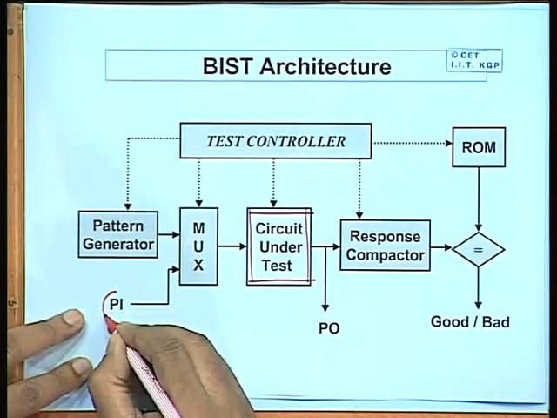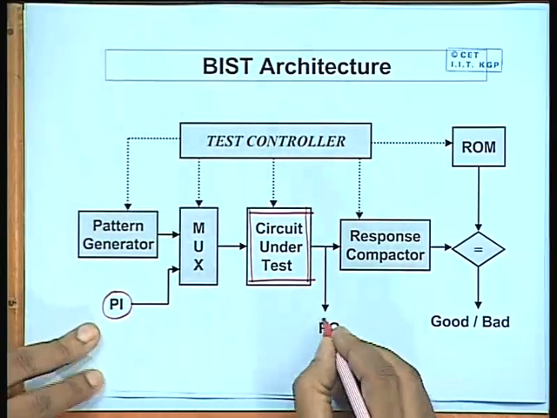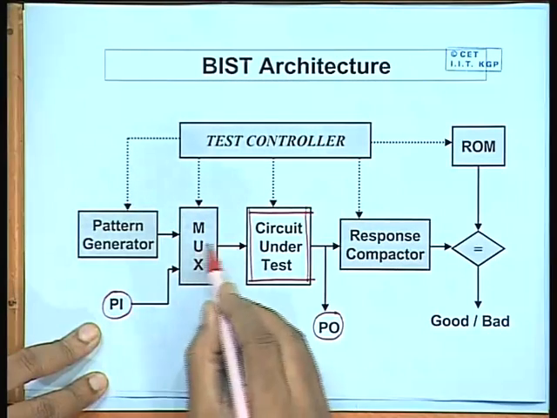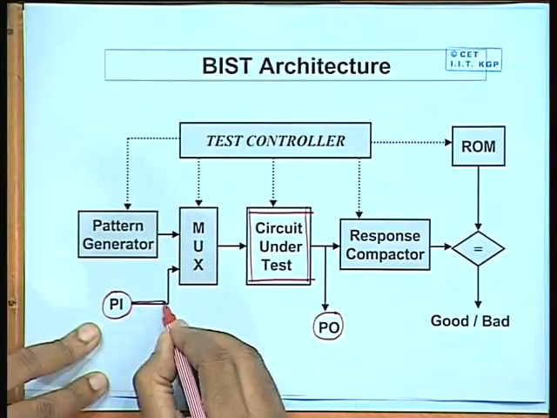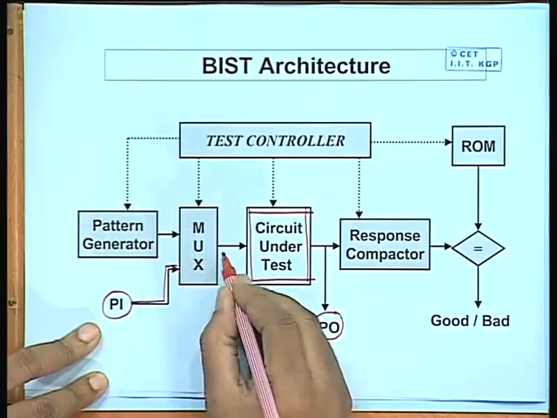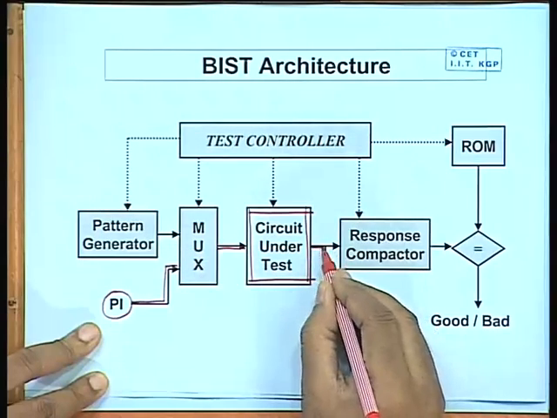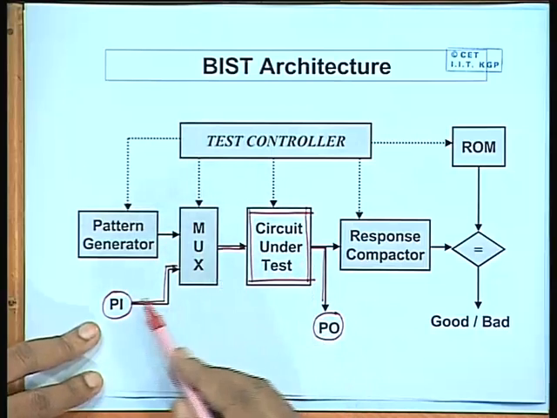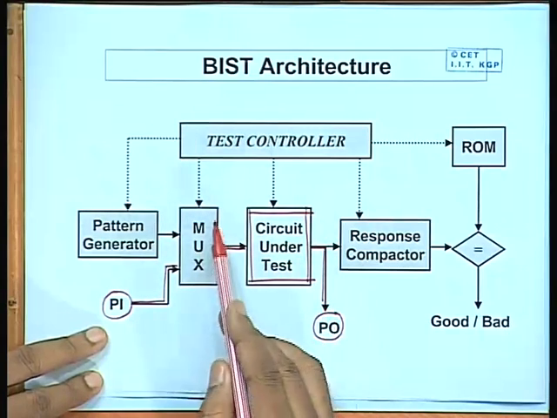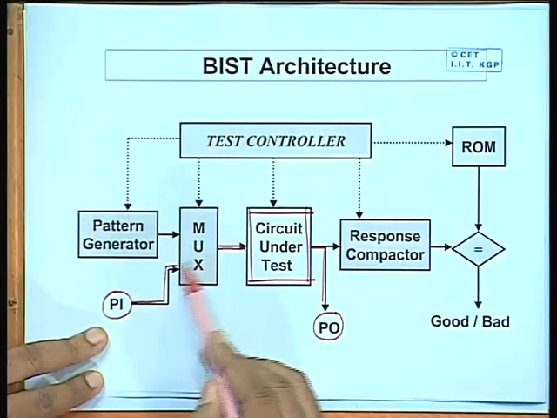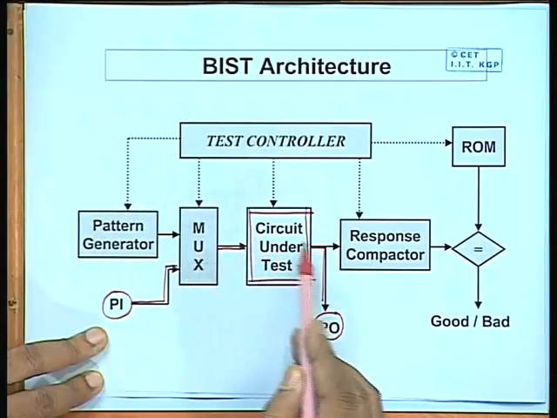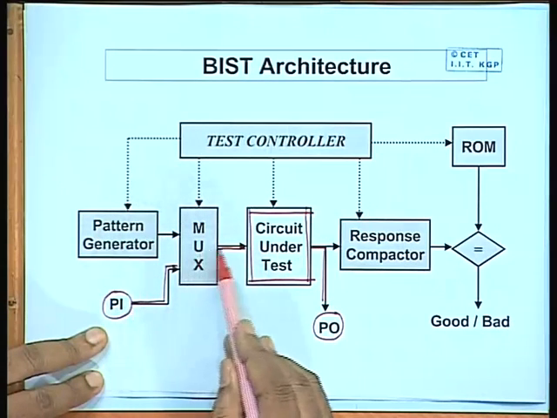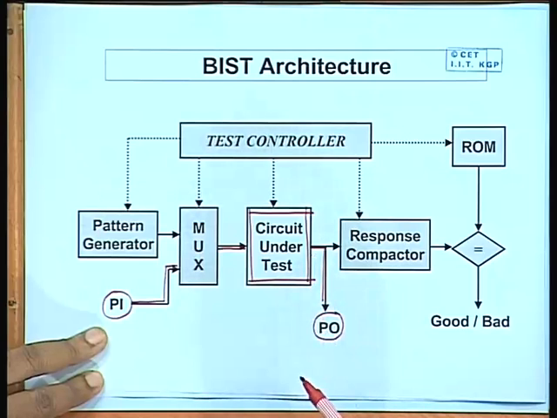These are the normal primary inputs and these are the normal primary outputs. So, this is the normal path of circuit operation. So, normally this multiplexer will be selecting this path. Now, you can see that even in the normal mode, this multiplexer comes as an additional delay in the path. So, the delay of the total circuit operation will get slowed down a little bit.